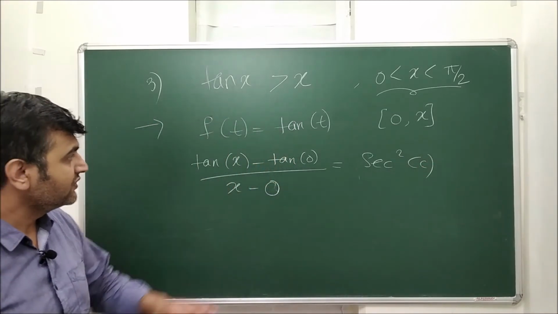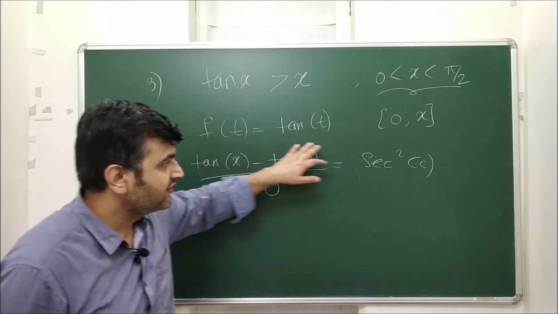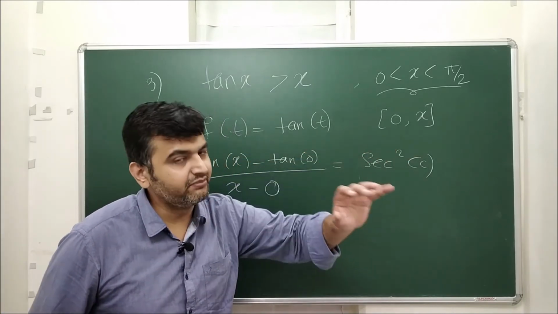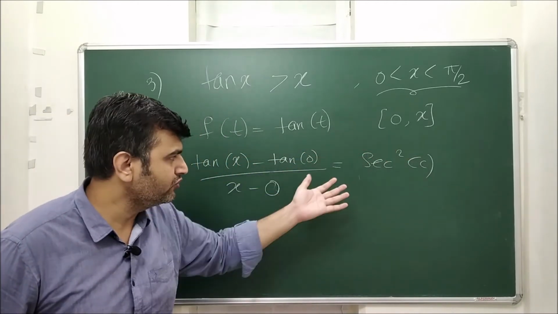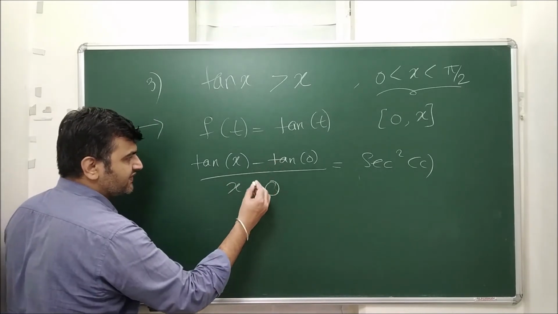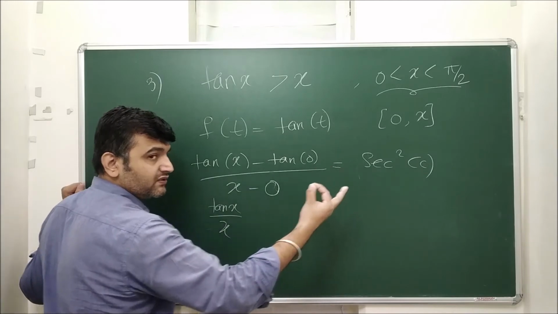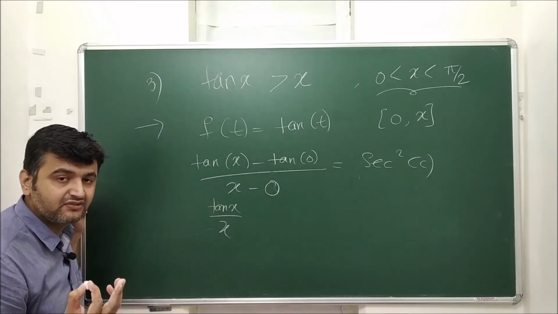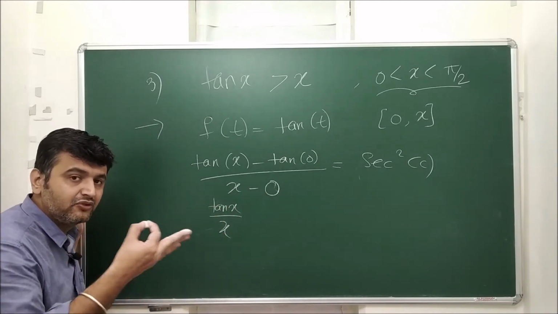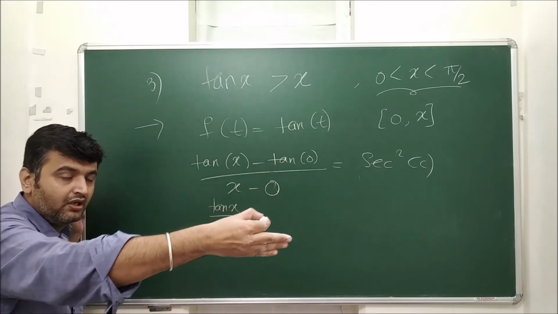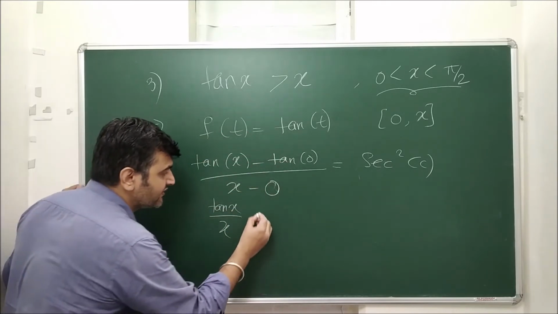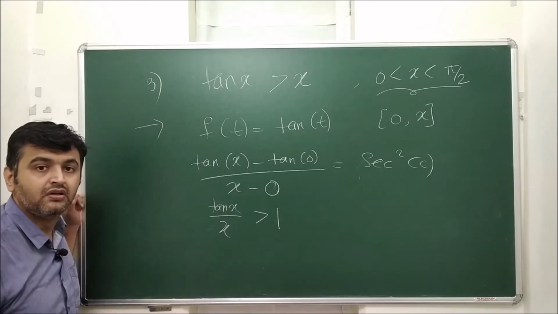So here the trick was, the function was easy to define, choosing the interval was a little bit tricky. Now this is easy. tan 0 is 0. So I have tan x upon x. And what is secant square? If you remember the range of sec, it is from minus infinity to minus 1 and 1 to infinity. So when you take the square, obviously it is always greater than 1.